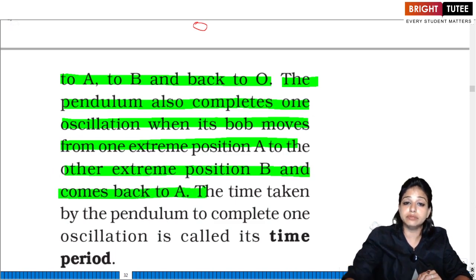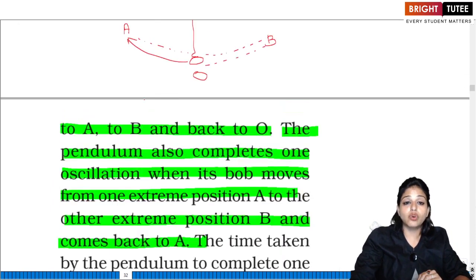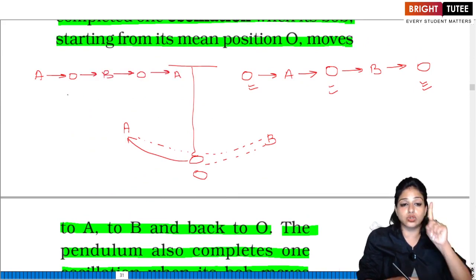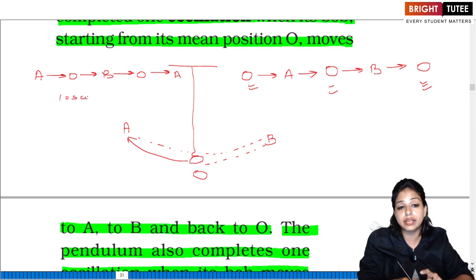For example, if I leave it from A, then from A to O to B, back to O and back to A is also one oscillation. So these are examples of what one oscillation means.